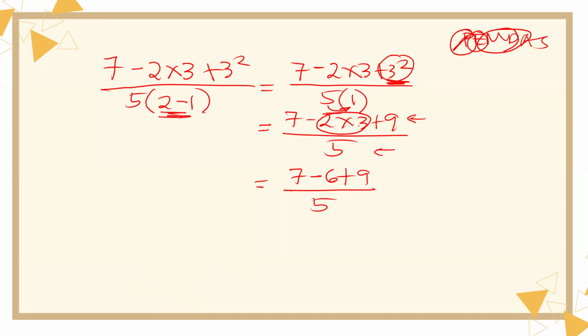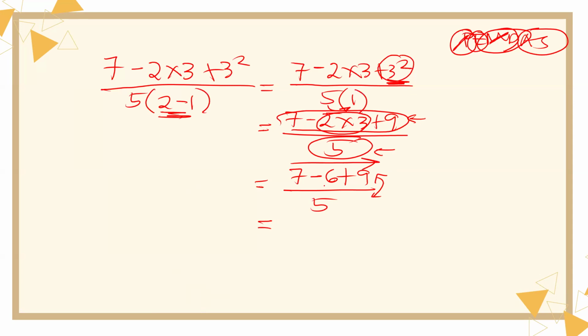So we need to simplify the numerator first and the denominator before solving the expression ultimately, okay? And then we're done with the multiplication from the numerator and denominator. Then we do the addition and subtraction operations from left to right.